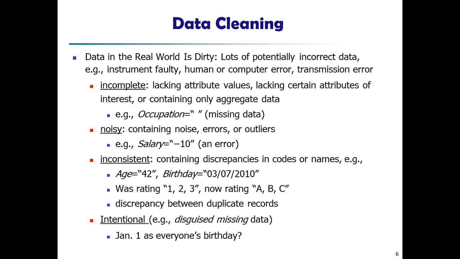So there is a lot of incorrect data essentially, and that data you have to clean. How do you clean the data? First, with this method: incomplete data, lacking attribute values, lacking certain attributes of interest, or containing only aggregate data.